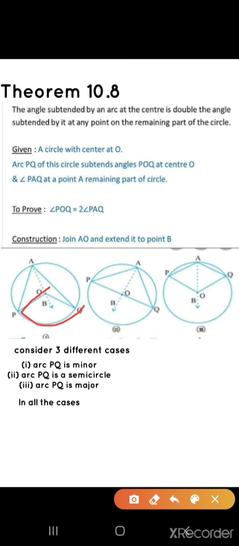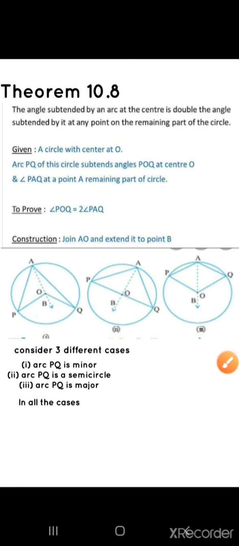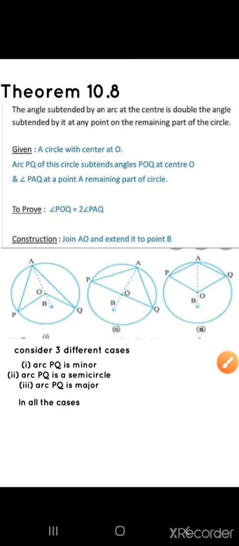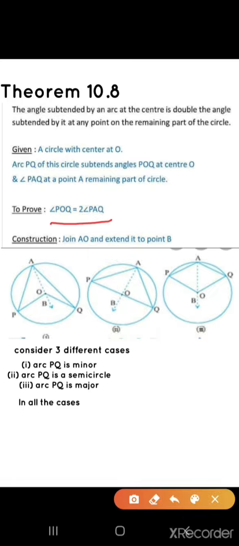POQ is the angle subtended by the arc PQ at the center, and the next angle PAQ is the angle subtended by the arc PQ at a point on the remaining part of the circle. What you are supposed to prove is that angle POQ is 2 times angle PAQ.